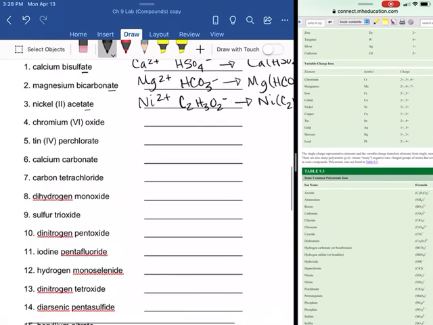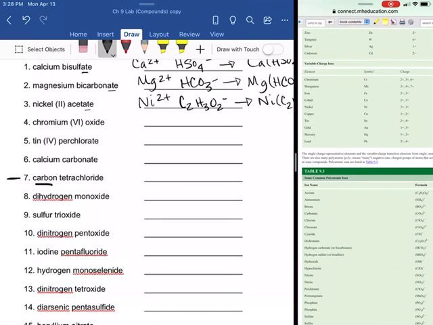I'm going to come down here to like number 7. So this is an example of a covalent. And you see how carbon is a nonmetal? If the first element is a nonmetal, then you are most likely dealing with a covalent compound.